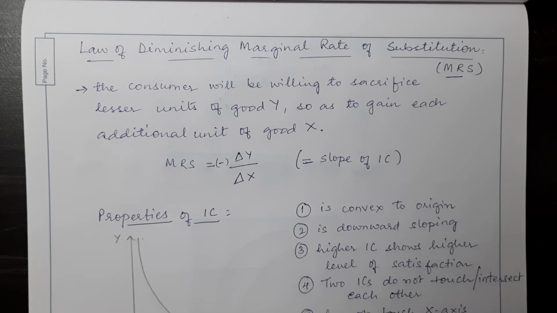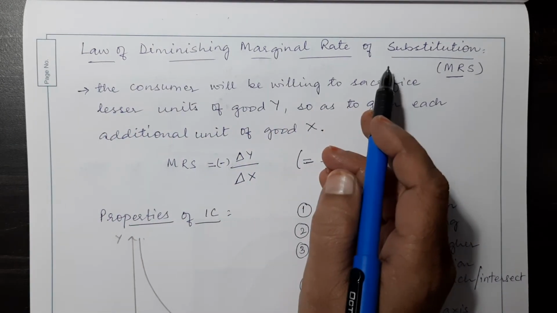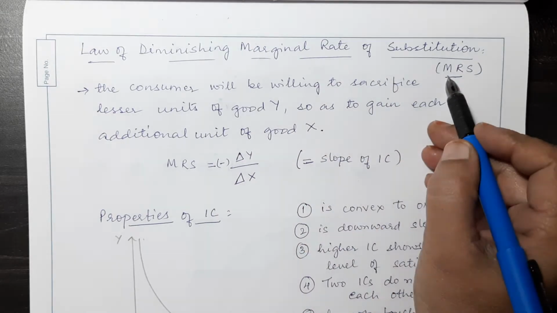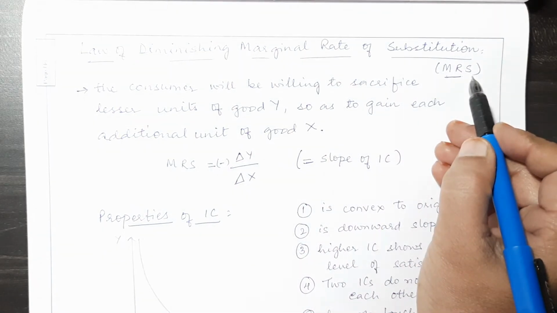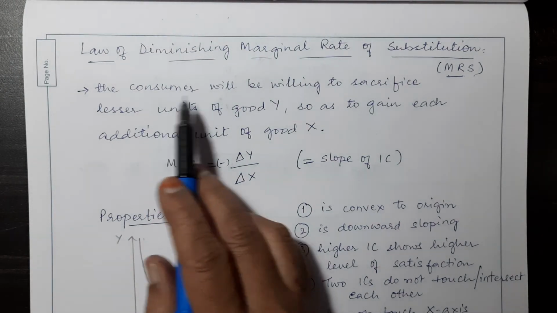Now that is given by the law of diminishing marginal rate of substitution, or simply MRS. All right. Now here, what does the law state?